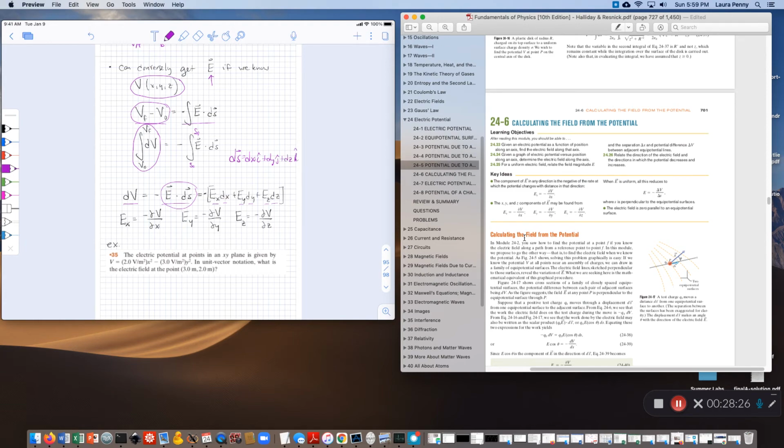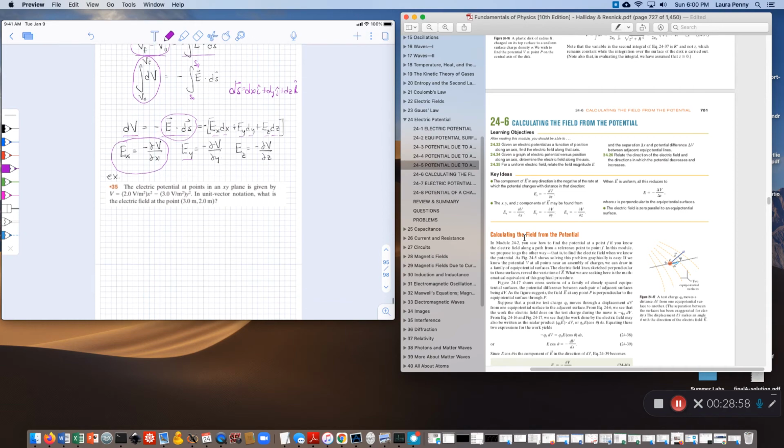And so when you do this dot product, you just end up with these products added together. What that means is that Ex, the x part of the electric field, is negative the derivative of the electric potential equation with respect to x. The y component of the electric field is the negative partial derivative with respect to y, and the z is the same sort of thing.